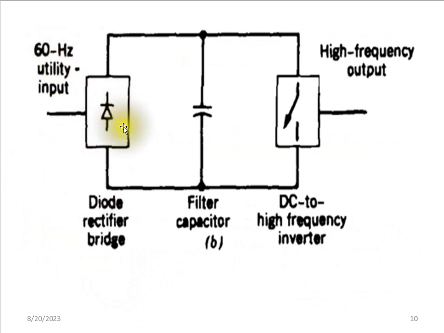We rectify it, we filter it, and then we use a DC to high frequency inverter to generate very high frequency, and that high frequency will give us a very large amount of current, which will consequently give the amount of current required for the heating, for melting the welding electrode.